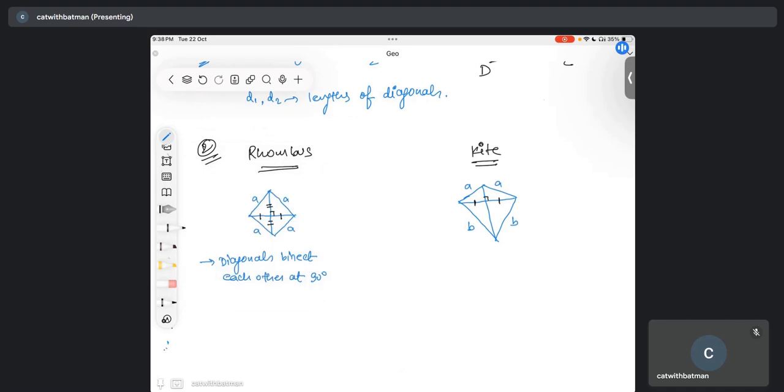In this case also it is 90 degrees. In a kite, only the larger diagonal bisects the shorter diagonal, right? So only the shorter diagonal is bisected.